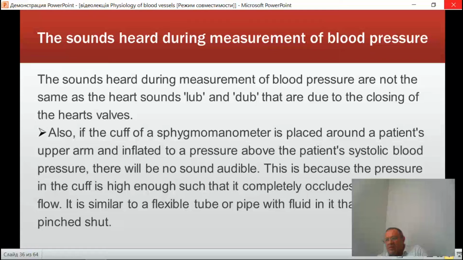Also, if the cuff of a sphygmomanometer is placed around a patient's upper arm and inflated to a pressure above the patient's systolic blood pressure, there will be no audible sound. This is because the pressure in the cuff is high enough that it completely occludes the blood flow. It's similar to a flexible tube or pipe with fluid in it that is being pinched shut.